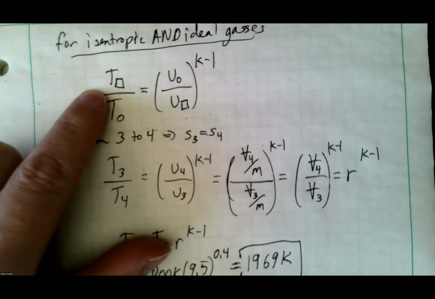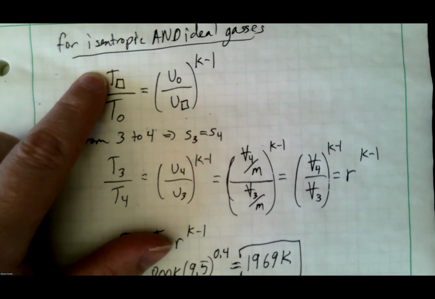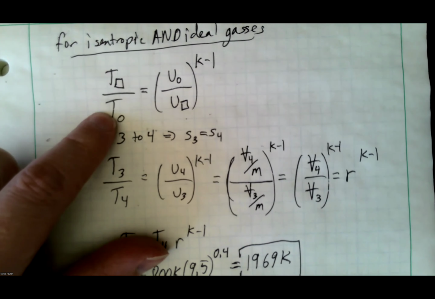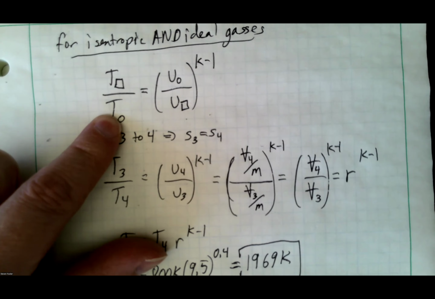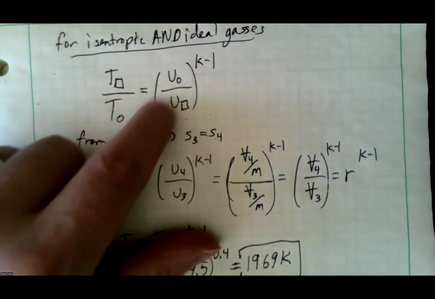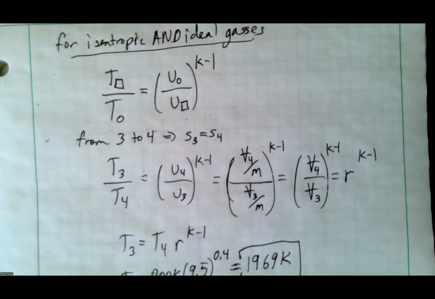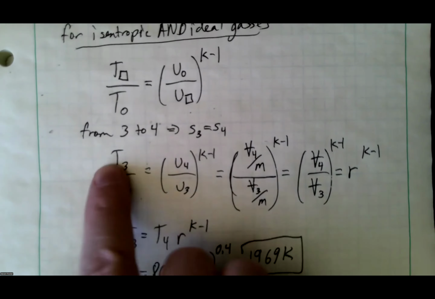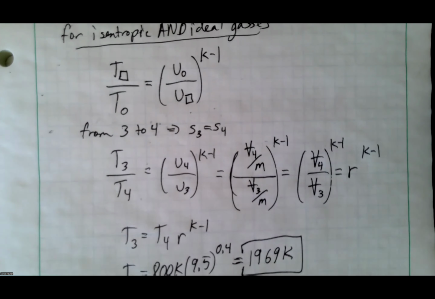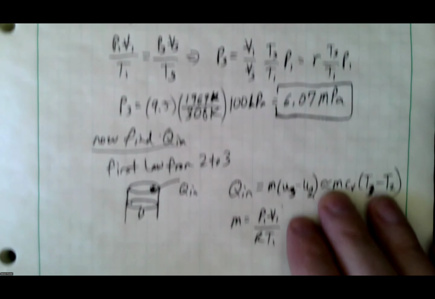Remember this guy: temperature at one state divided by the temperature at another state. If it's isentropic and an ideal gas, that is equal to the inverse ratio of their specific volumes. And so you see what we did from state 3 to 4. We can do the exact same thing from state 1 to 2.